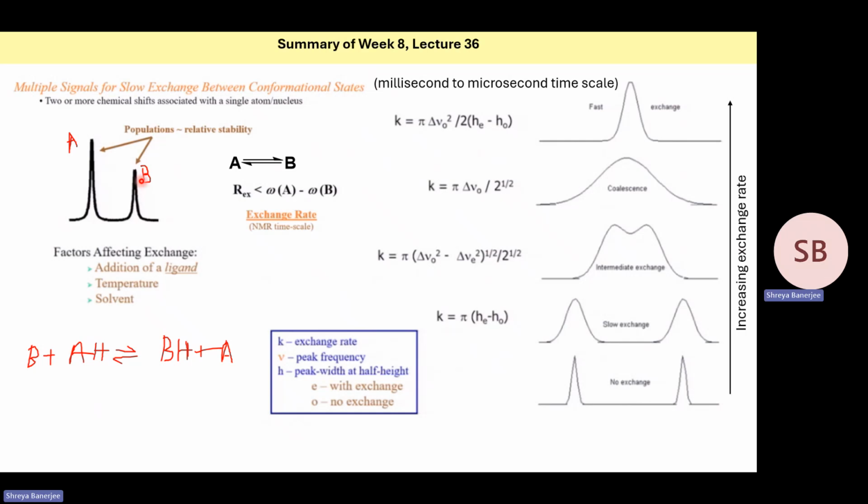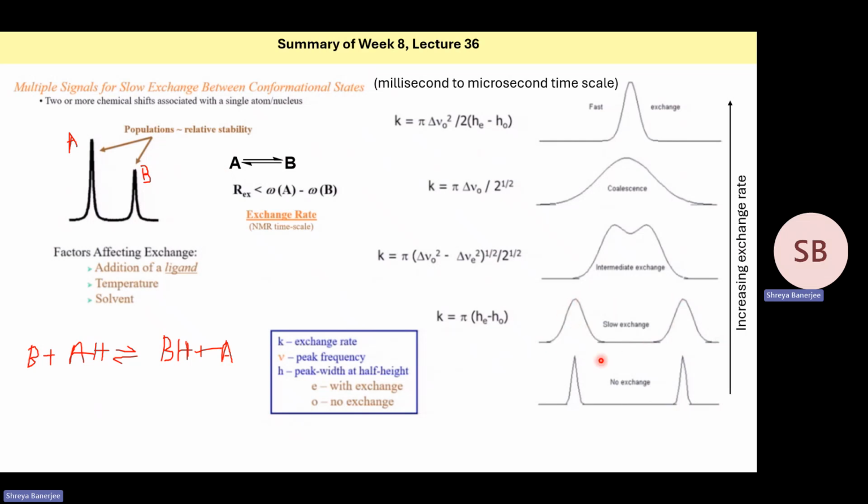Now we have already seen this before. I'll just quickly discuss it again. When it is exchanging from A to B, if there is no such exchange, then the peaks are very clear and distinct and sharp. When there is a slow exchange of the proton going from A to B, then the peaks slowly start becoming broader.